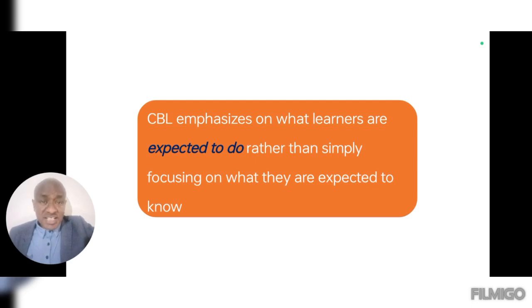So what learners are expected to do determines the knowledge that should be required. So that knowledge should be identified. Knowledge should not be just for the sake of showing others that somebody is knowledgeable.